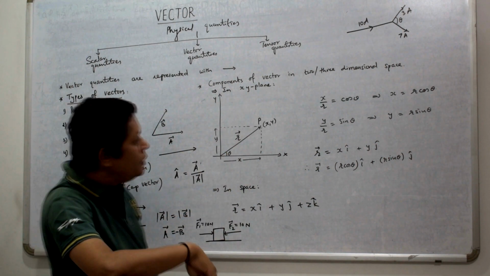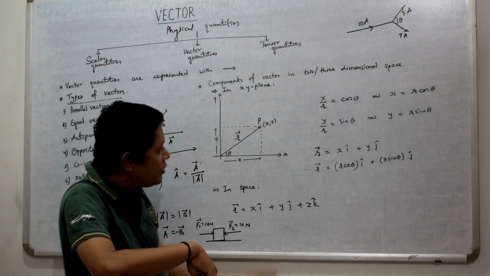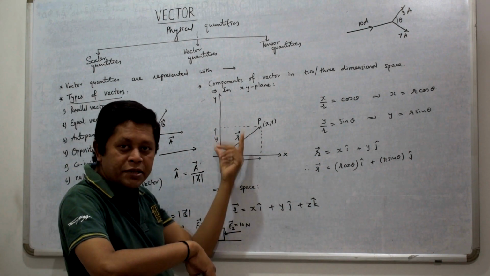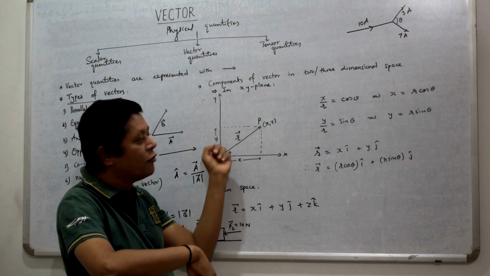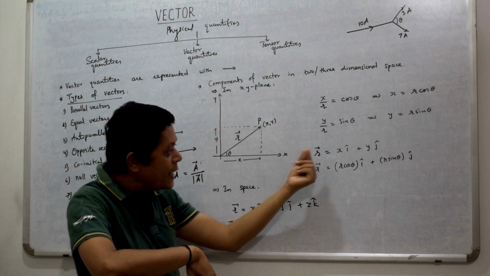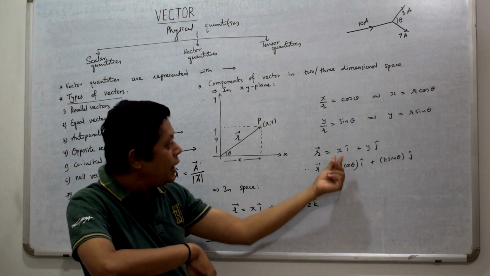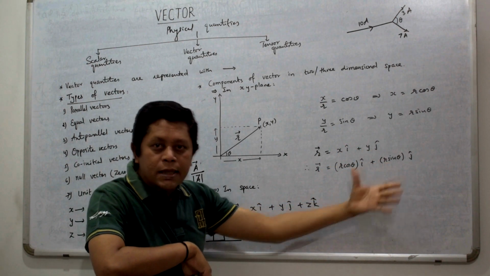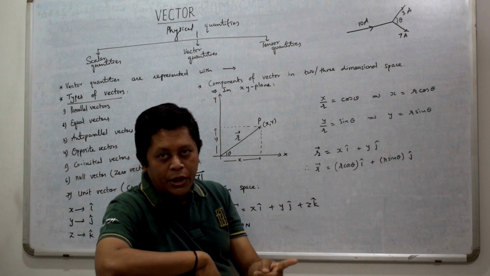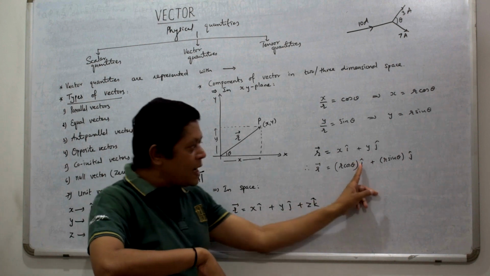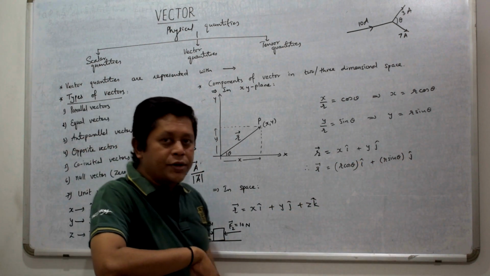Now the components of the vector. When we write vector r in a two-dimensional space, it has a component along the x direction and a component along the y direction. Along the x direction, the magnitude is r cos theta. Along the y direction, it is r sin theta. So r cos theta and r sin theta represent magnitudes, whereas i cap and j cap represent unit vectors along the x and y directions.